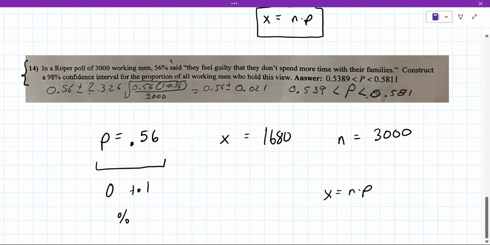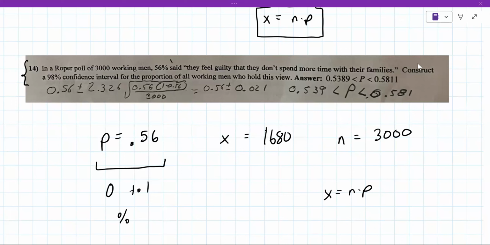So I'd like you to go to your calculator and do that one prop Z interval. The range is 0.53892 to 0.58108.